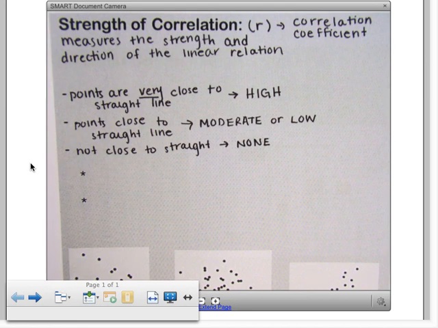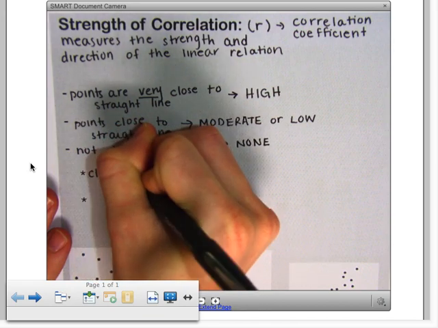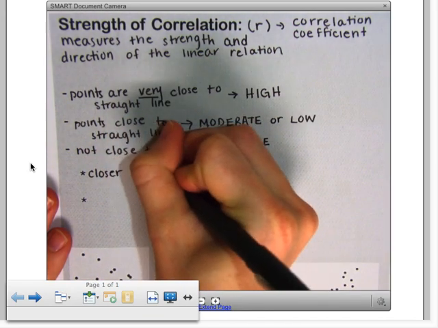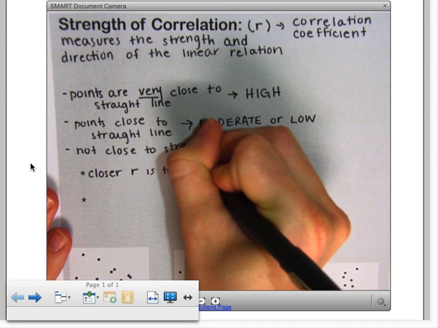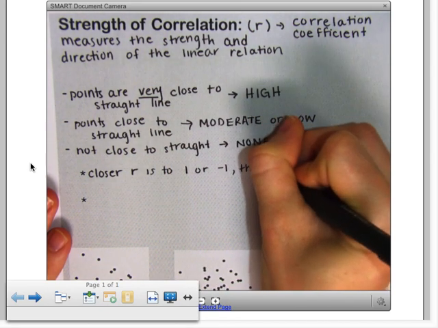Okay, and then two things that we're going to talk about. The closer R is to 1 or negative 1, the higher the correlation.